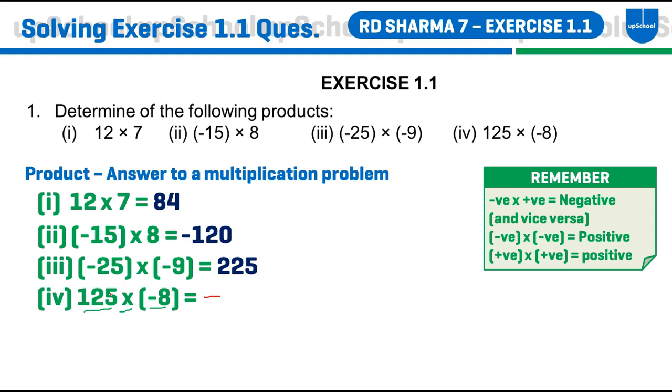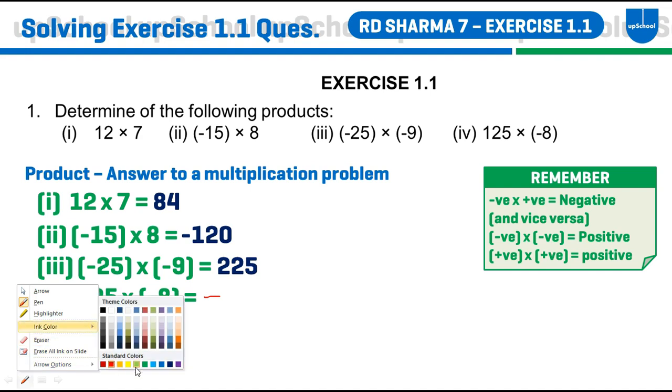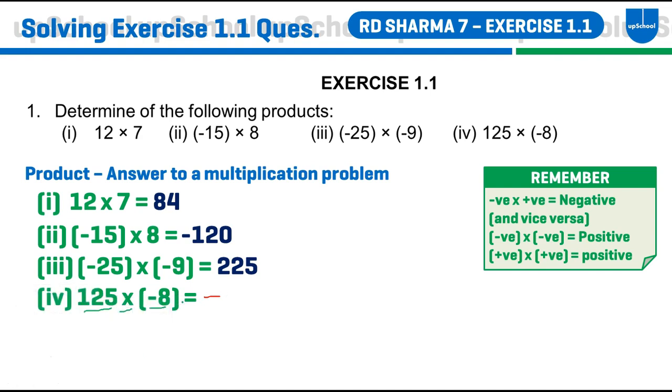So now let's just do 125 times negative 8, so 125 times 8 without worrying about the signs, so we can just get our answer. Okay? So 125 times 8. Let's try to solve this.